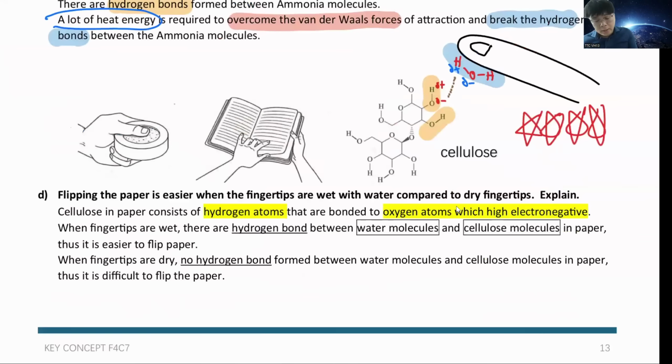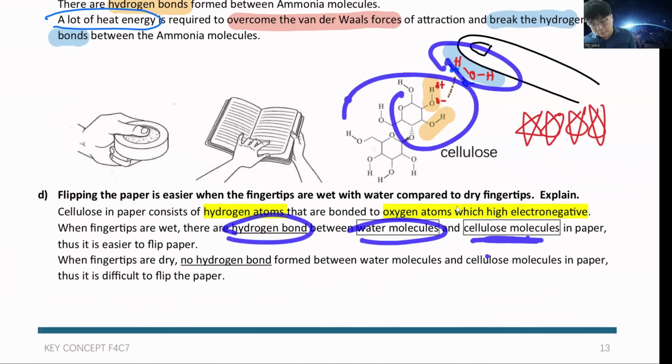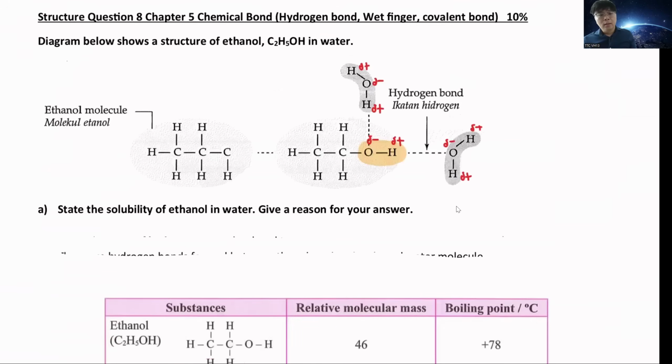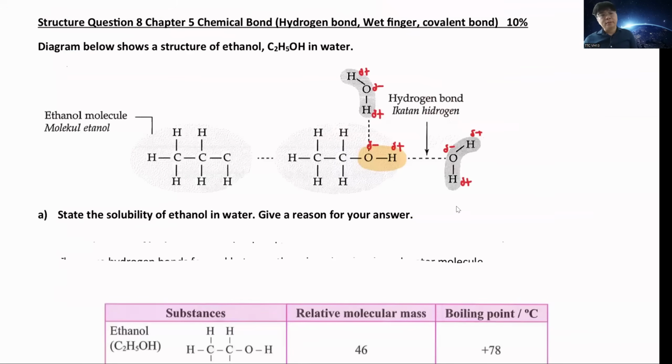First, you must prove why the paper has hydrogen bond: cellulose in the paper has H connected to O. Then when the fingertip is wet, it will form hydrogen bond between the water molecule in your finger and the cellulose molecule in the paper, so it is easy to flick the paper. When the fingertip is dry, there's no hydrogen bond, so it is harder to flick the paper or count money. Then we go for another similar question.